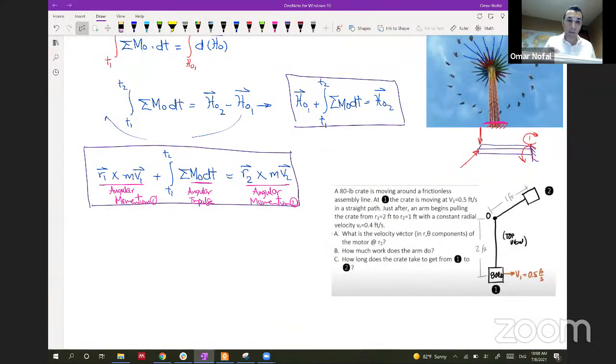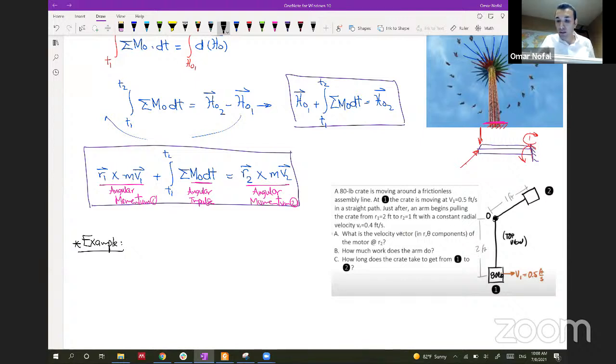So let's solve this quick example. It says that we have an 80-pound crate. So we have a crate of a weight, not a mass, of 80 pounds, moving around a frictionless assembly.